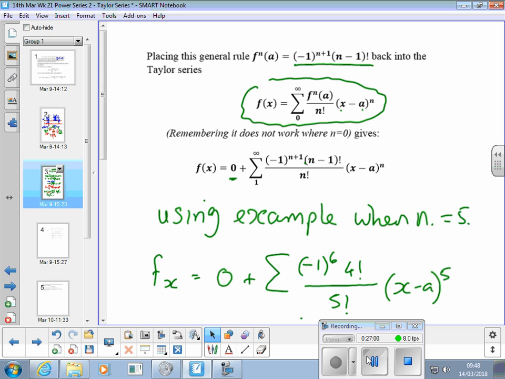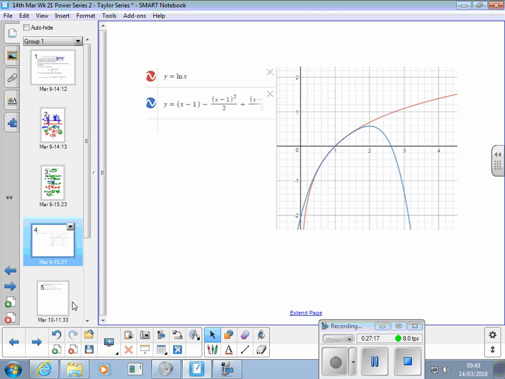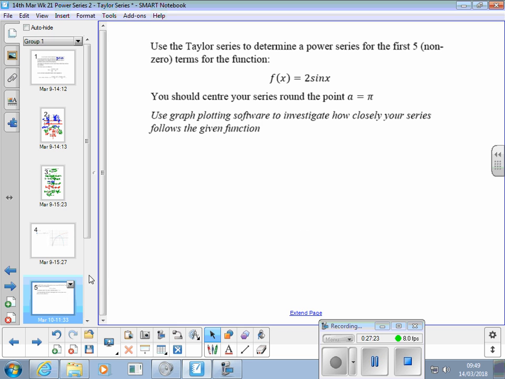Let me look at the next one, and I'll see if I can find out how the notation works in Desmos to show that it's a perfect fit. I'm not sure if I really know how to do it, but I'll have a go. There's a graph in the notes similar to that, so I don't know how many terms, but probably 4.